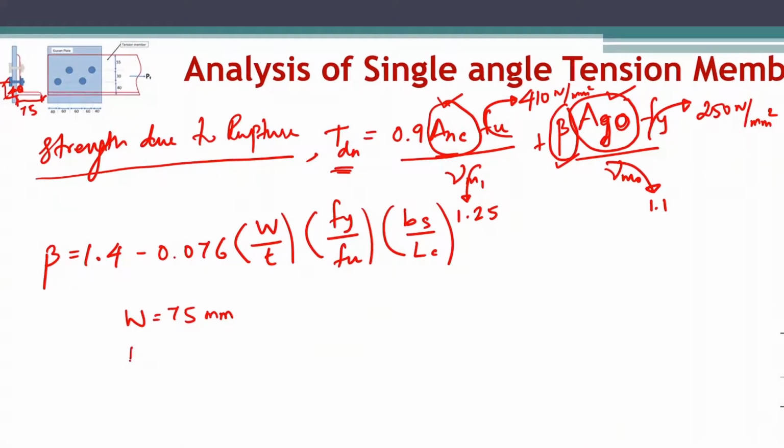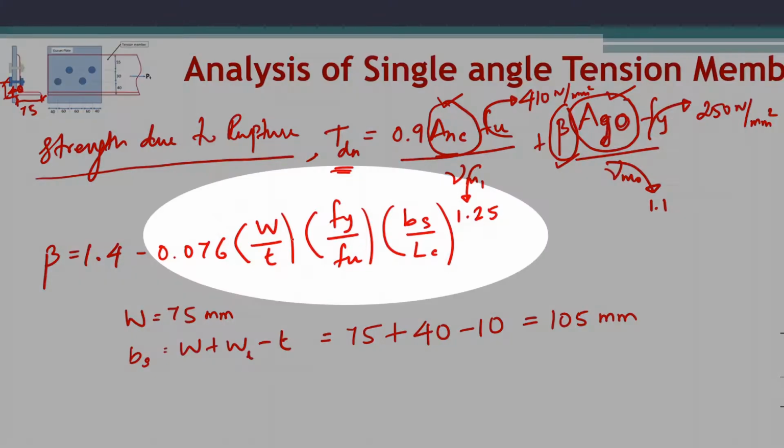Substituting, bs is w plus wl minus t, where t is the thickness of the member: 75 plus 40 minus 10, and the value is 105 mm. So t is 10, w is 75 and bs, the shear lag width, is 105 mm. Now we need to know what is Lc.